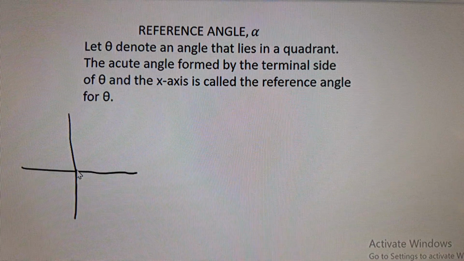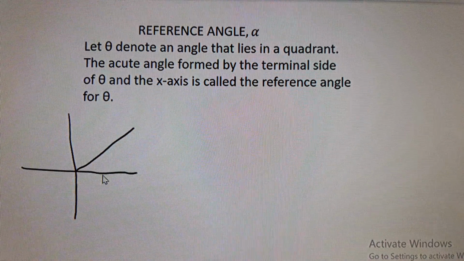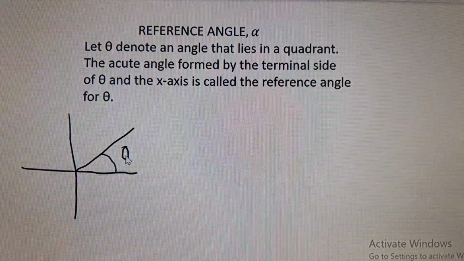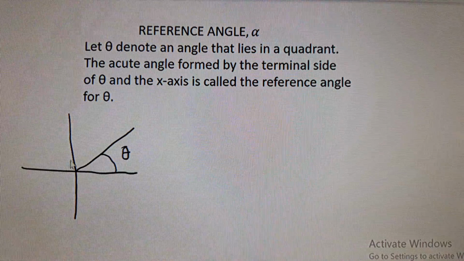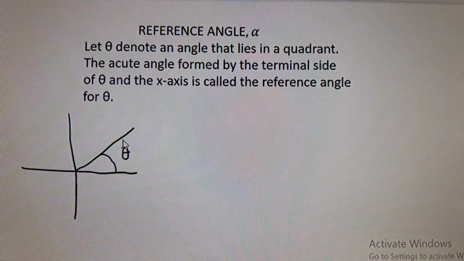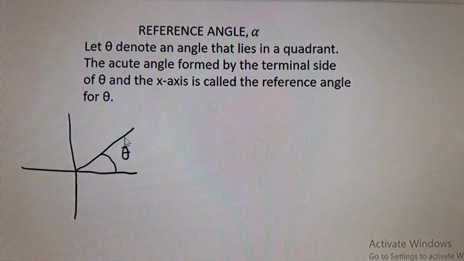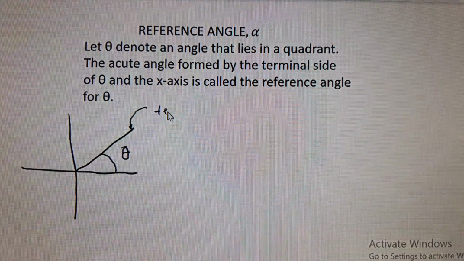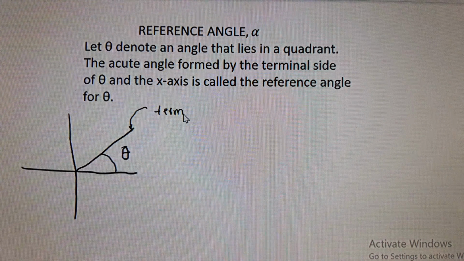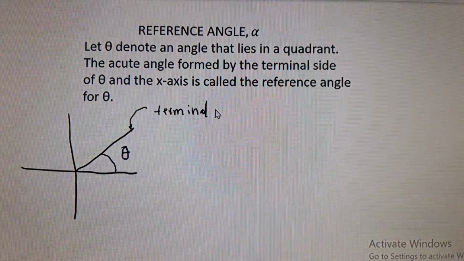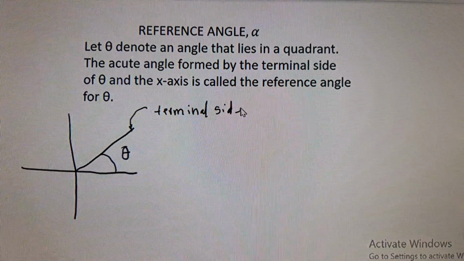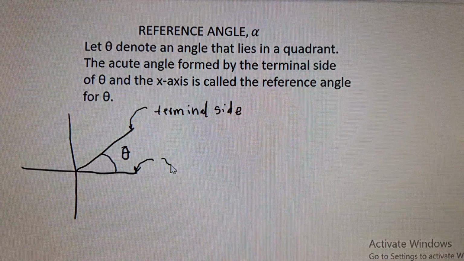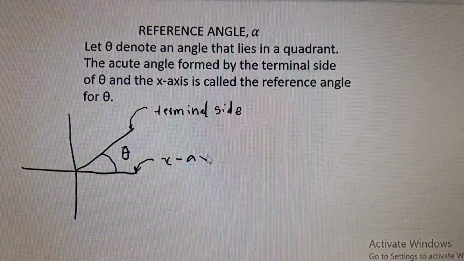Notice that this is called the terminal side of angle theta, and this is called the x-axis.